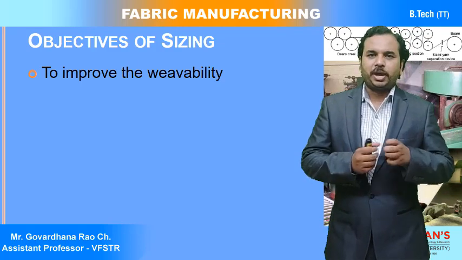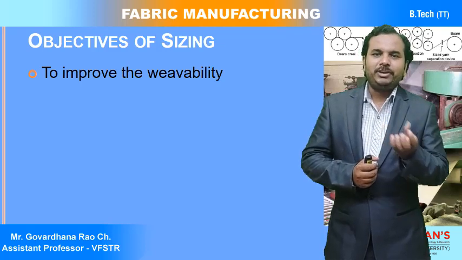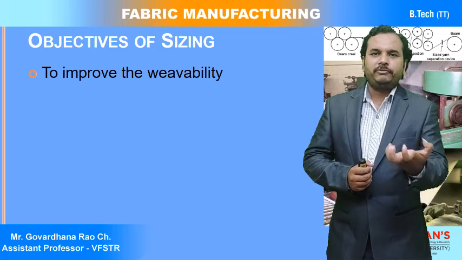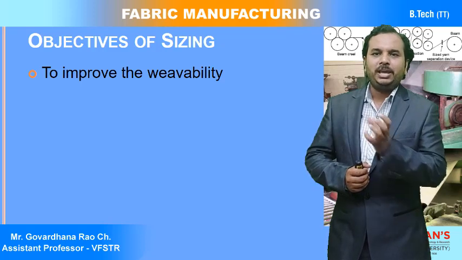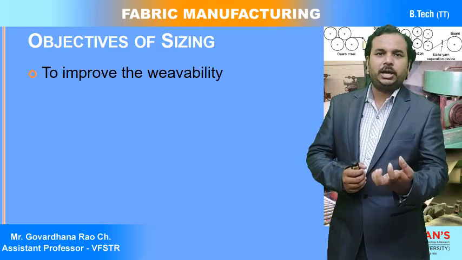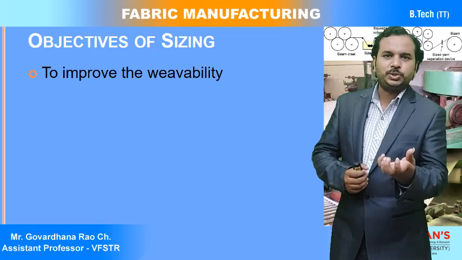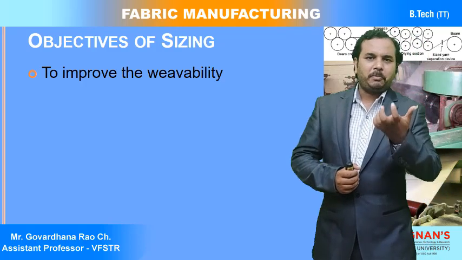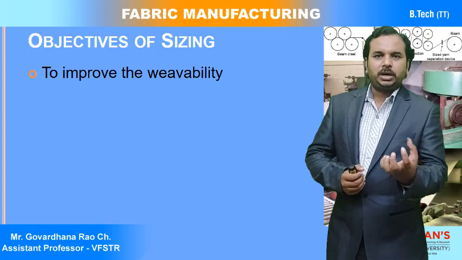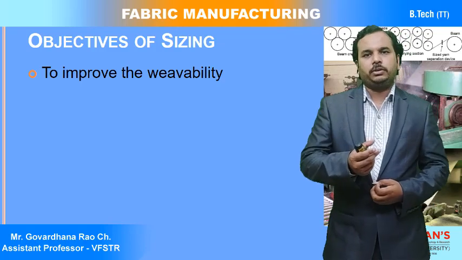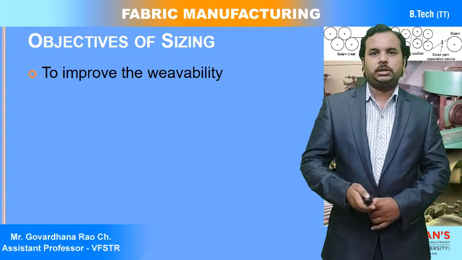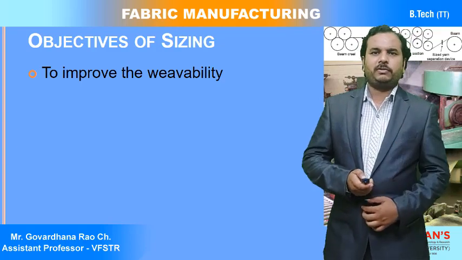That is why, for weavability, to weave the fabric, the yarns should be able to sustain the forces applied in the weaving process. So the main objective of sizing is to improve the weavability of warp yarns. That is the major objective of sizing.